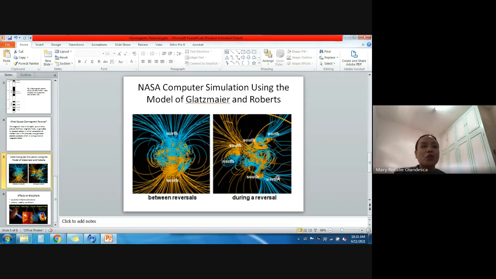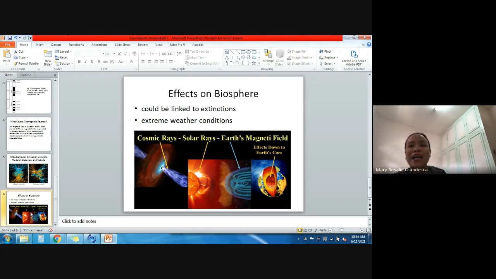All right. So from this, during a reversal, the magnetic field weakens. So that was according to the article that you had read, that the Earth's magnetic field weakens during the time of reversals. Okay, so what would be the effect of this on our biosphere?